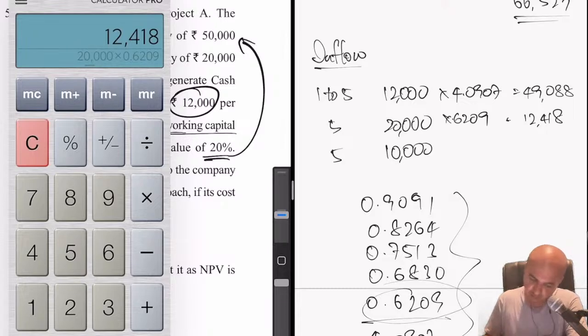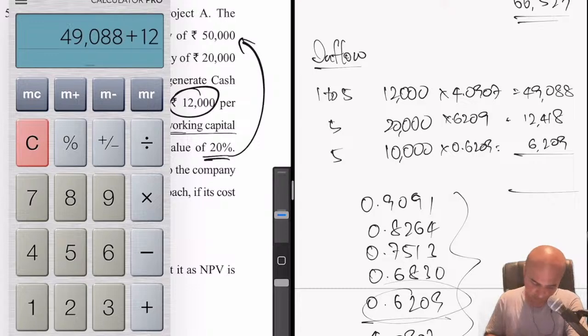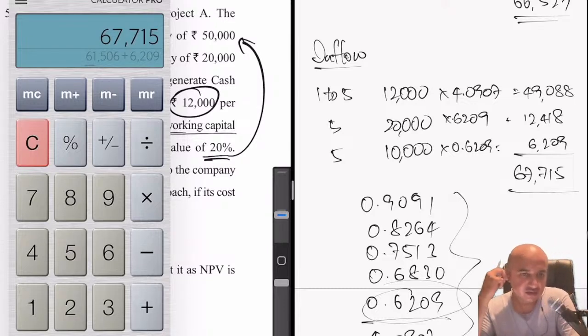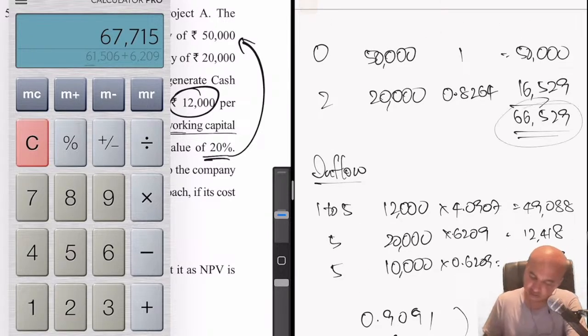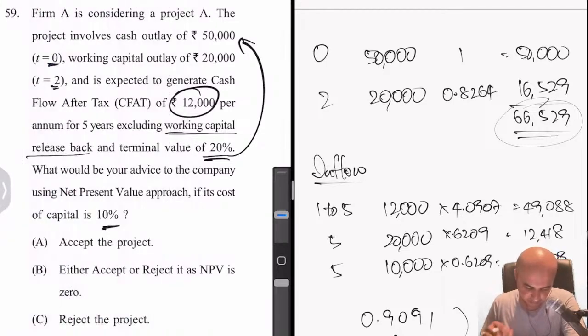Then 10,000 into 0.6209, this will be 6,209. When you total all this, 49,088 plus 12,418 plus 6,209, this will be 67,715. If 67,715 is the total inflow and the total outflow is 66, we can still accept the project.